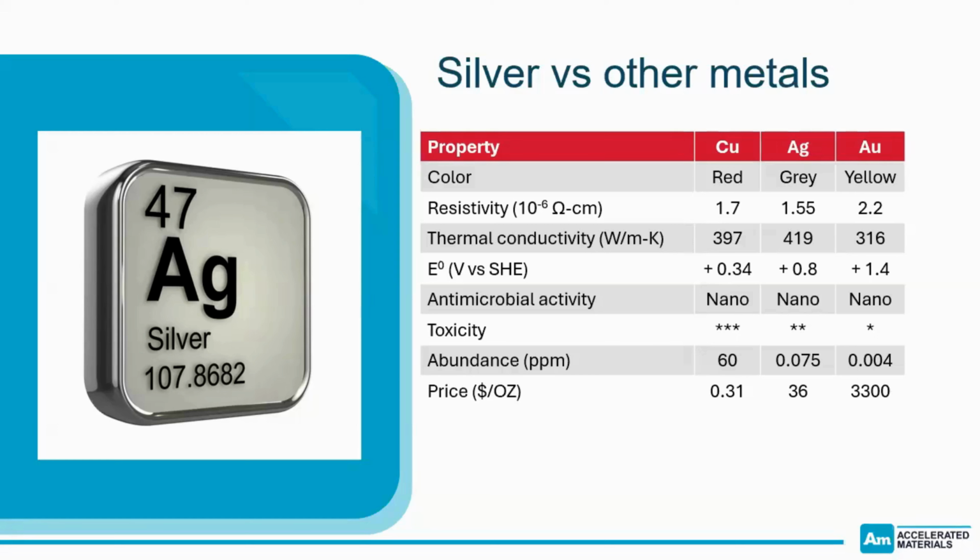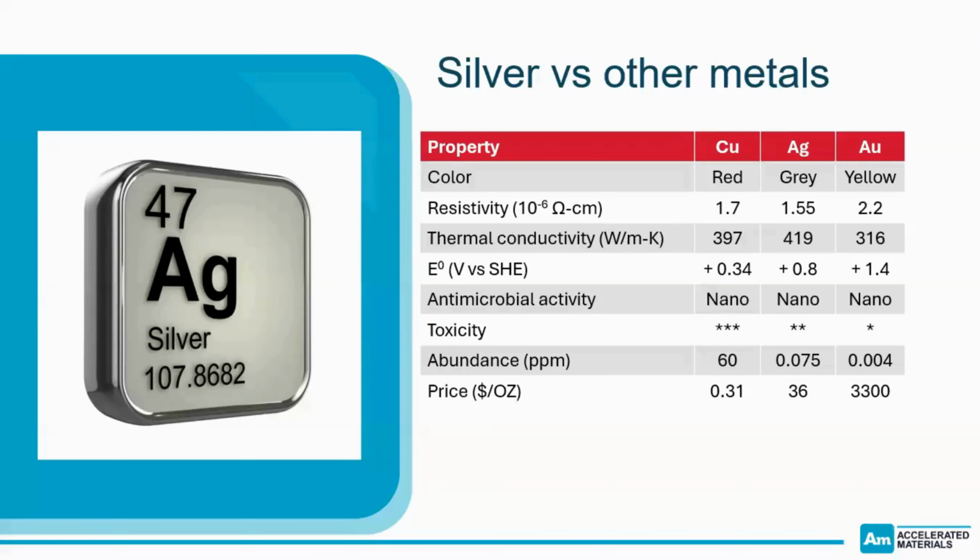Also, you can see the oxidation potential in volts against the standard hydrogen electrode, where copper is the easiest to oxidize. Silver still can be oxidized, but its potential is higher, and the highest potential is for gold, right? All of those metals exhibit a very good antimicrobial activity in their nanoform, while in the bulk form they are quite inert.